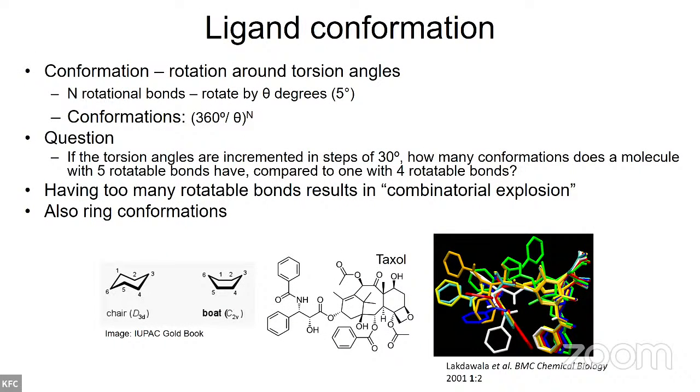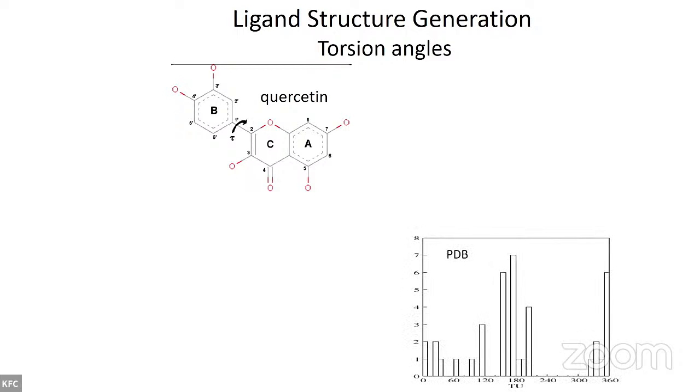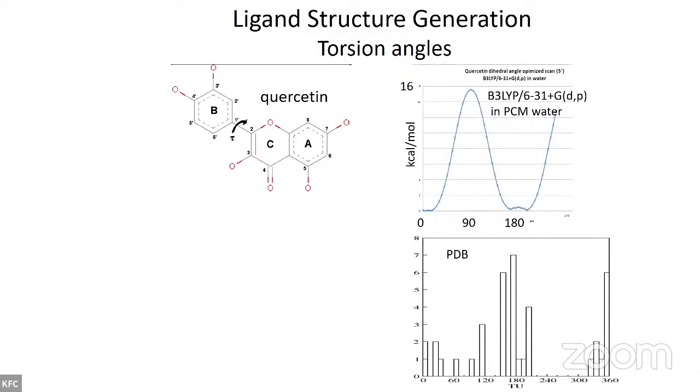And with this, the ligand conformation is usually counted by rotation by a set of degrees, and it can have a problem. So, for instance, this is quercetin, and this quercetin has this one rotatable bond. When we looked into the crystal structures, we found that those rotatable bonds are usually around 180 degrees or 360. So it's plainly one or the other rotation. When we added the calculation, there are plainly seeable 2 minima.